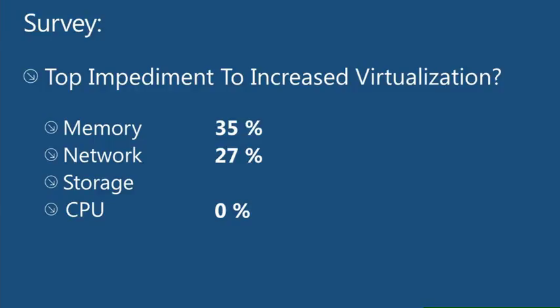About 35% of the people said that memory was a constraint. And this was kind of surprising to us, considering all the work that we did in R2 with respect to dynamic memory. We thought we had taken a good stab at that problem. But we pushed and poked the respondents to dive deeper into what was the actual constraint there. And it seems like the problem was with these off-the-shelf servers.